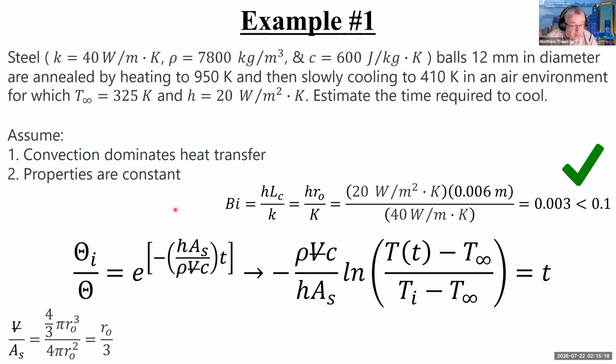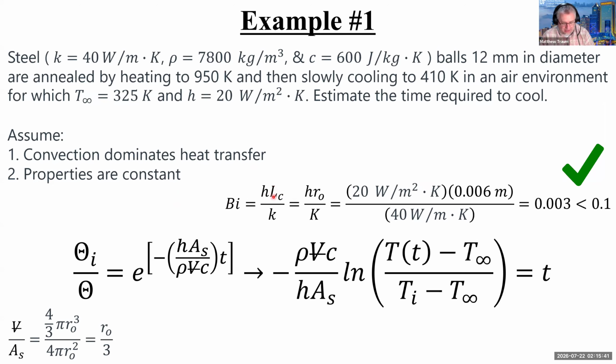So the very first thing I always do when I've got a transient heat transfer problem is I'm going to check the Biot number, right? Make sure before you do lumped capacitance that the criteria actually matches. So I'm going to plug in, here's my Biot number expression. Remember, I've got a sphere.